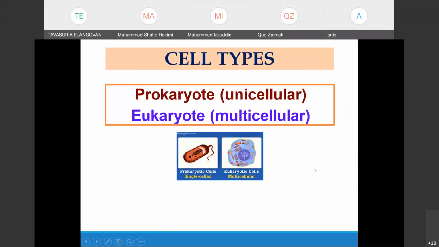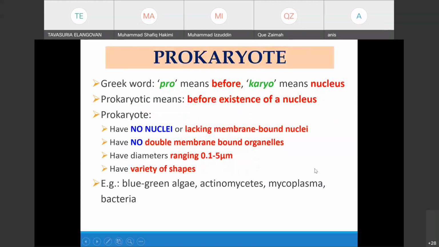So prokaryotes are the first cells that evolved, before eukaryotes. Okay? Pro means before, karyo means nucleus. It means prokaryotes do not have a nucleus since they evolved before the nucleus.